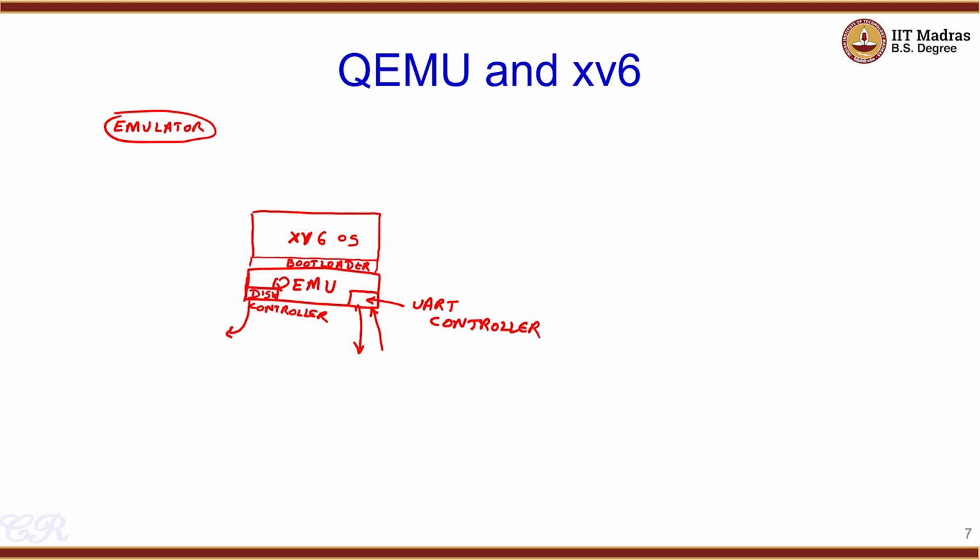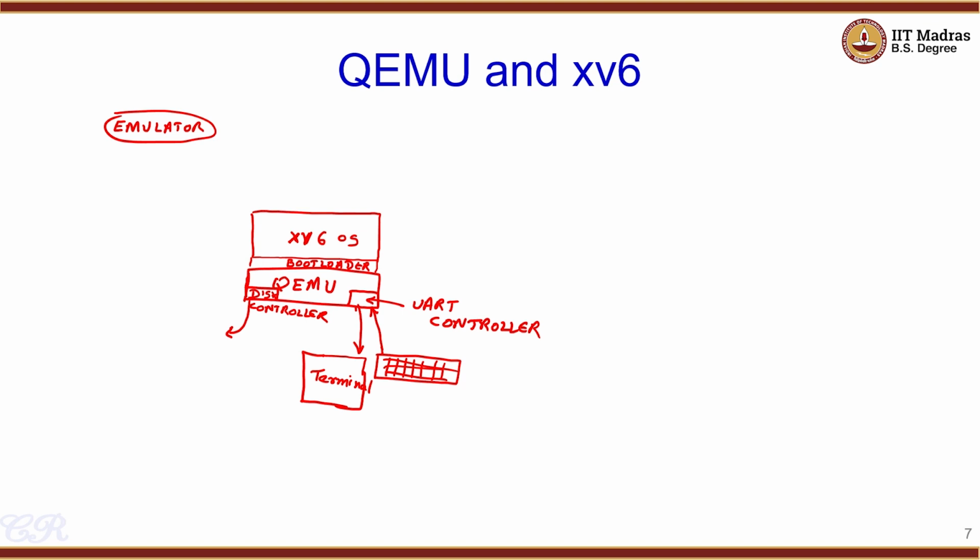So, what we assume over here is that we have a keyboard connected to the receive, right, and this transmit of the UART is connected to a terminal, right. So, a very simple terminal is used as the display for your xv6 operating system, while the receive part of the UART controller is used as the input.